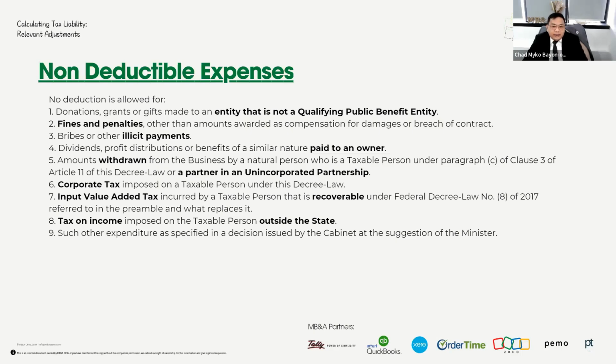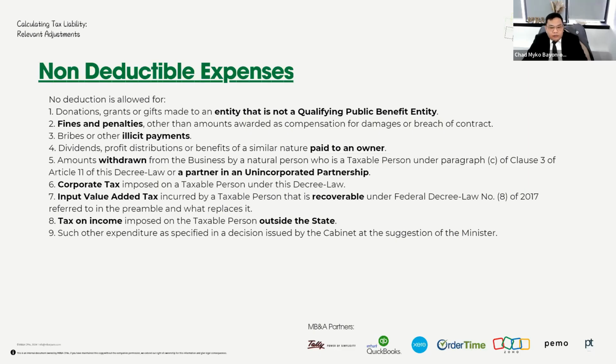The FTA has provided the list of qualifying public benefit entities. If ever you are providing donations, grants, or gifts other than to these qualifying public benefit entities, that will not be considered as deductible expenses. So that will be adjusted.